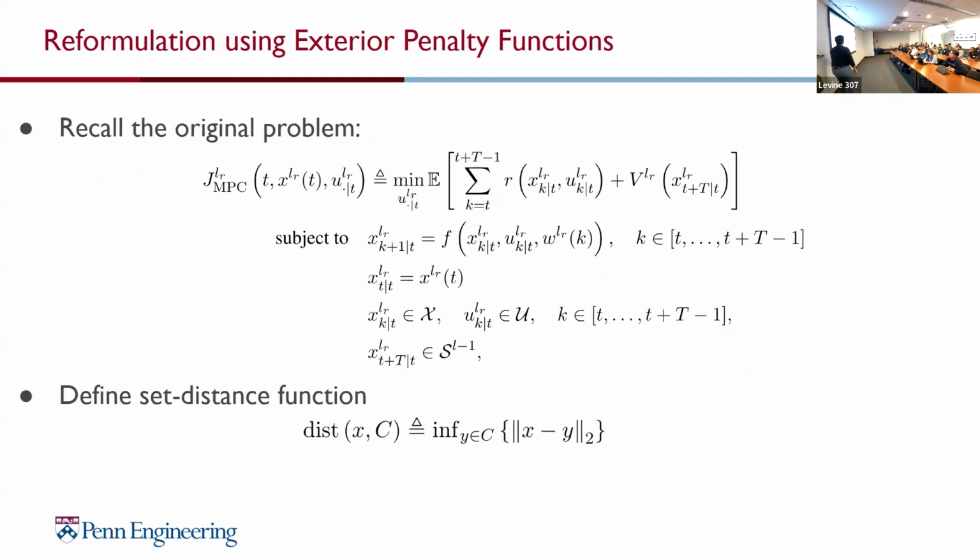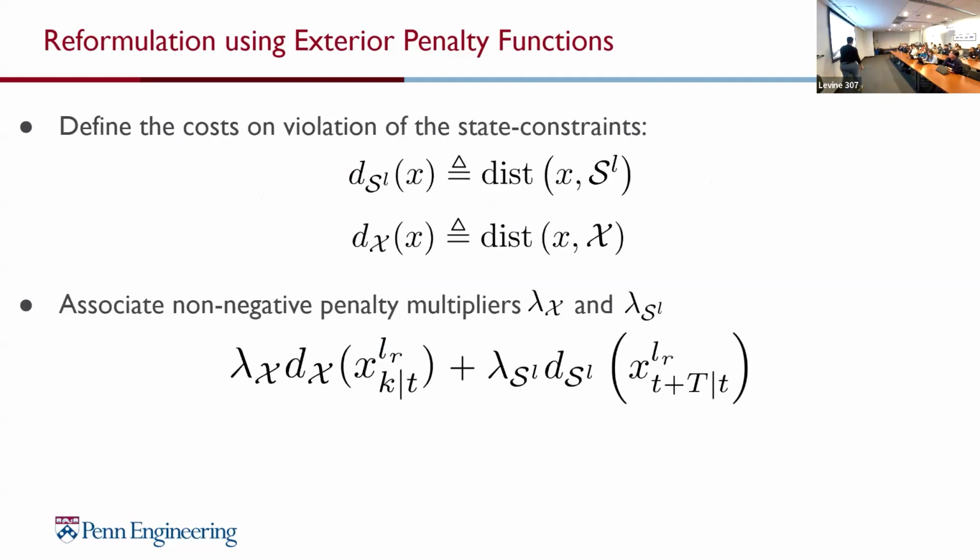So to do this reformulation, we first recall the original problem. We had a minimization of the running cost plus some terminal cost, but subject to some constraints. We first define the set distance function, where it's the infimum of the distance between x and all the points in the set C. And then using that definition, we can define the cost on the violation of the state constraints and the terminal constraint as d_S for the terminal constraint for the safe set S, and d_X on the violation to the set of admissible states.